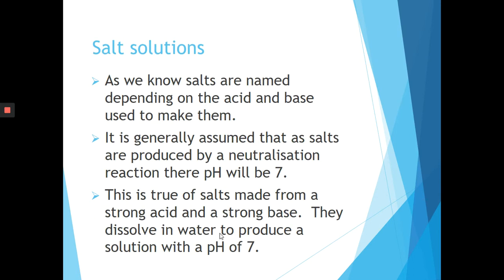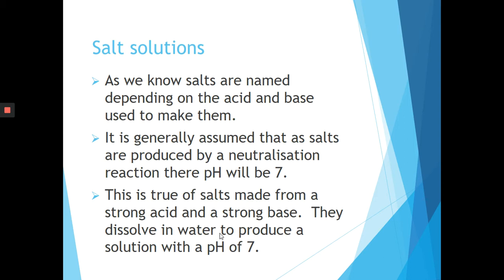Right, we've met salt solutions in National 5, and we know how they're named depends on the acid and the base that's being used to make them. Up to now, we've always assumed that our salts will have a pH of 7 because our salt is produced when the acid and base go through a neutralisation reaction.